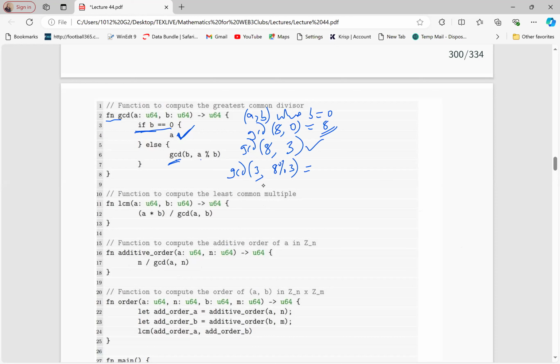So this is the same as the GCD of 3 and 2. So B now is 2. Remember it was 3, is now 2, because 3 divided into 8, the remainder is 2. We do this until B is 0. If B is 0, the GCD becomes A.